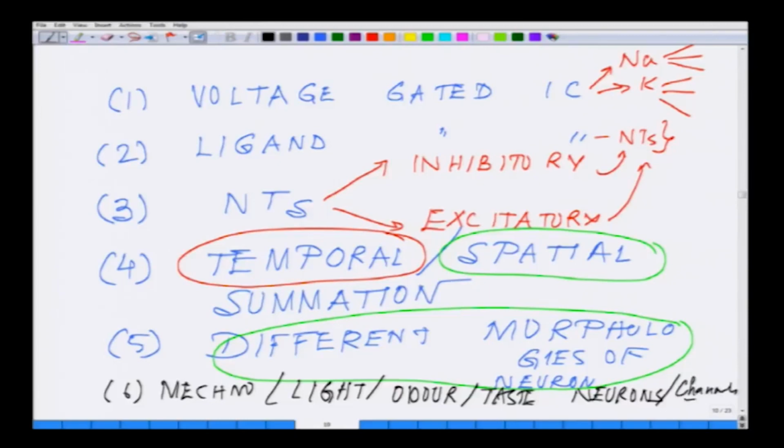So, the reason to enumerate this whole thing is to highlight all the different possibilities the nervous system can deal with. It is a library of wide variations.